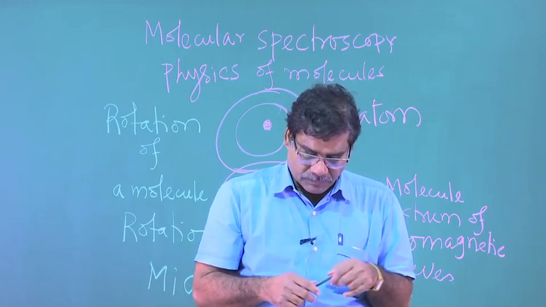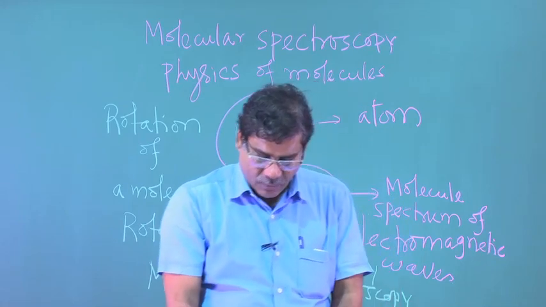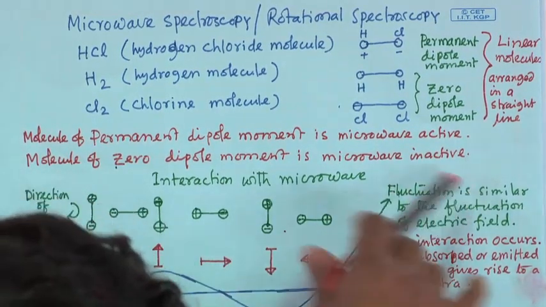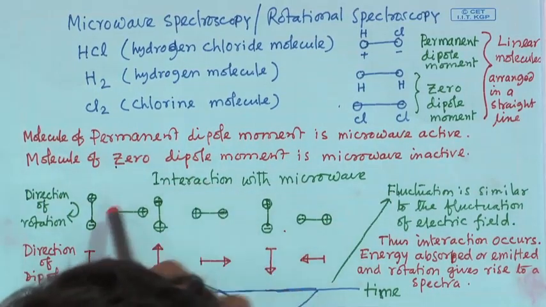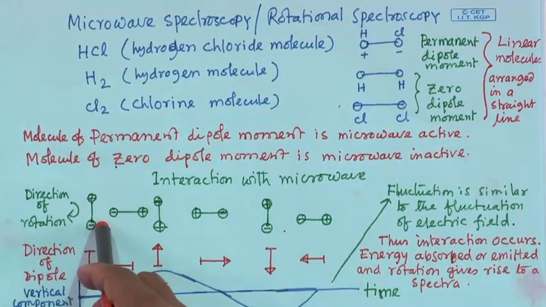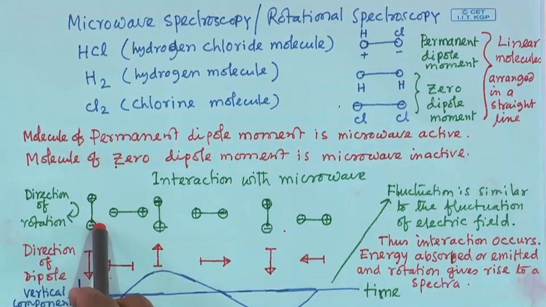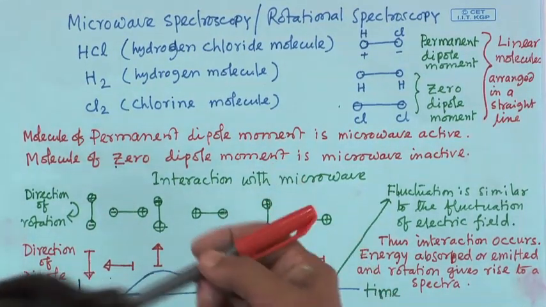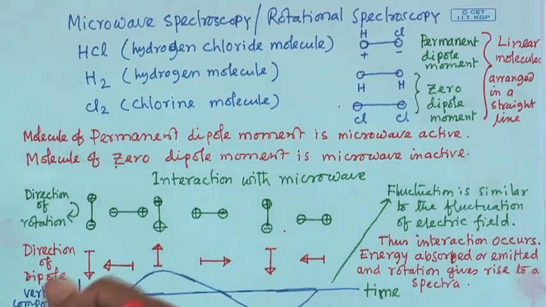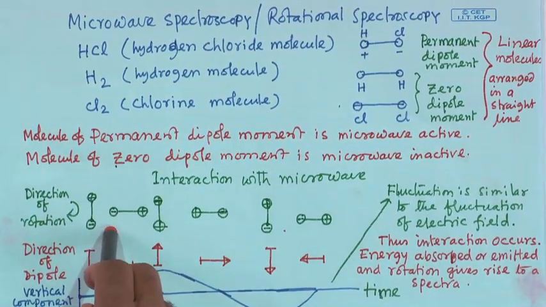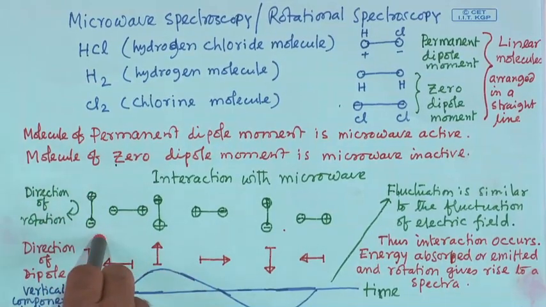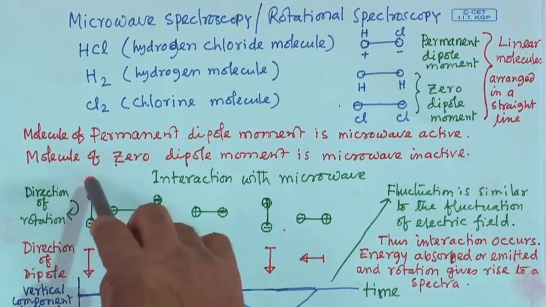Why does it give this microwave radiation? Consider a molecule which has a permanent dipole moment, and it is rotating.